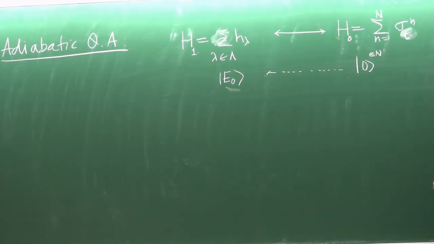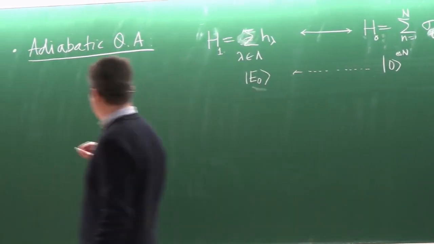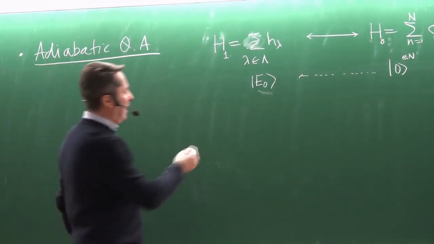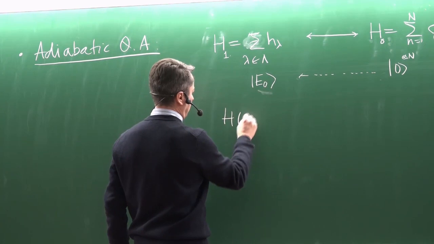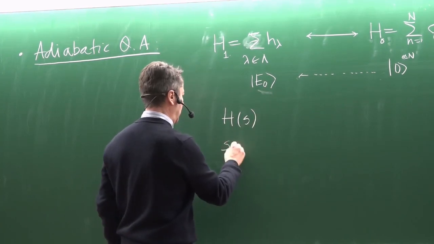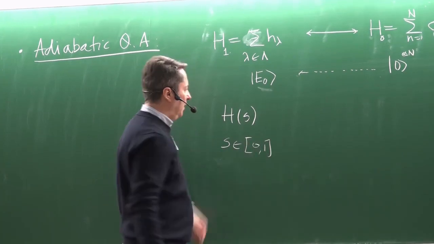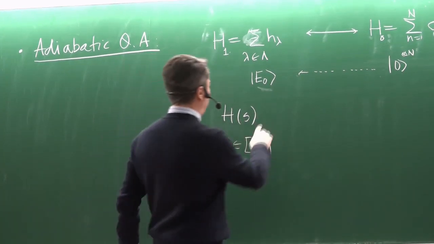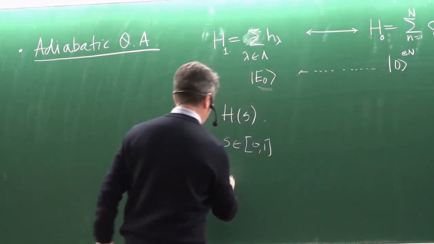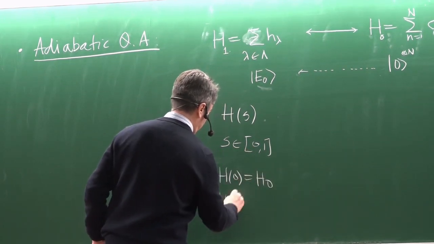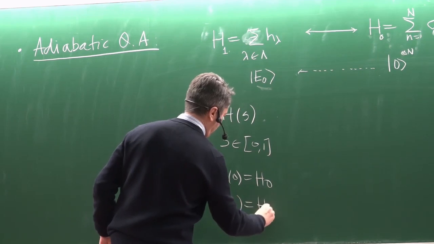So now maybe a little bit more explicitly, we have a Hamiltonian H of s and we have a parameter s that goes between 0 and 1, and we have the condition that this Hamiltonian for s equal 0 is H0, and for s equal 1 is equal to H1.